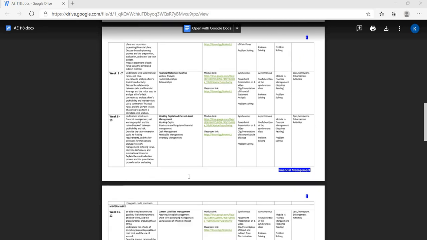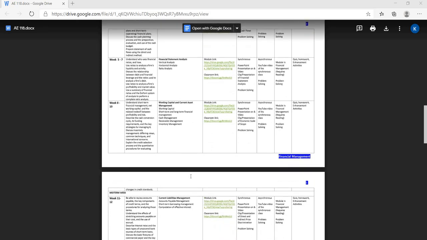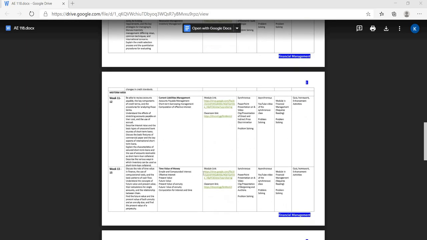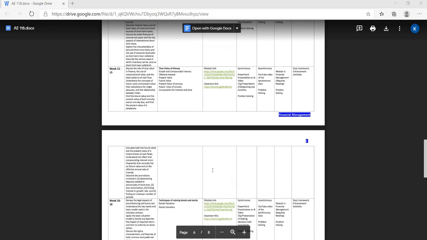For our 11th week to 12th week, that would be our current liabilities management. And then our 13th week to 15th week is the time value of money.